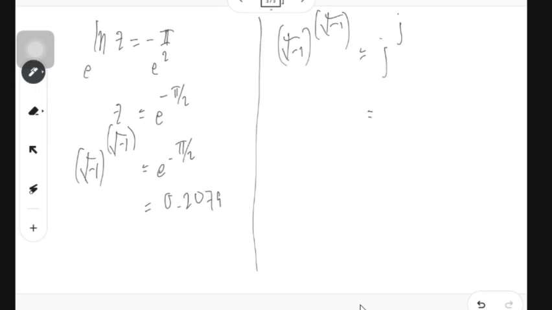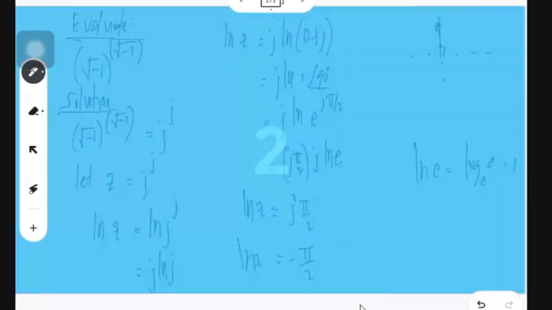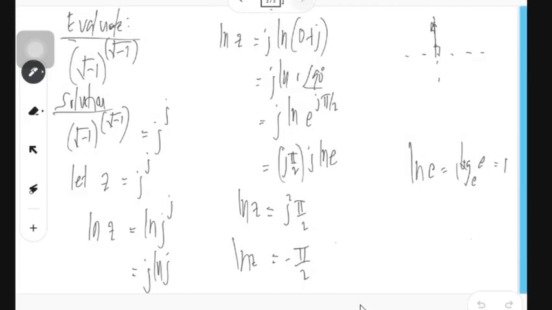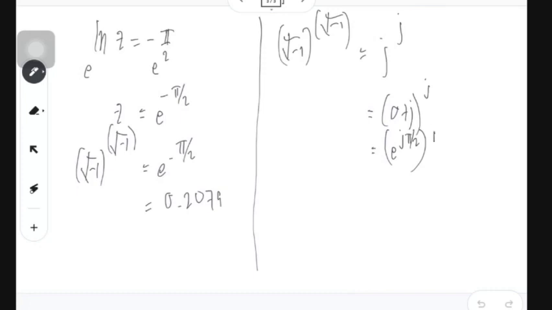So, ganitong gawin natin. Hindi ba yung j under the exponential form? Pwede mong gawing 0 plus j, the quantity to the j. Under the polar form, 1 angle of 90. Under the exponential form, we have e to the j pi over 2. Then the quantity raised to j.